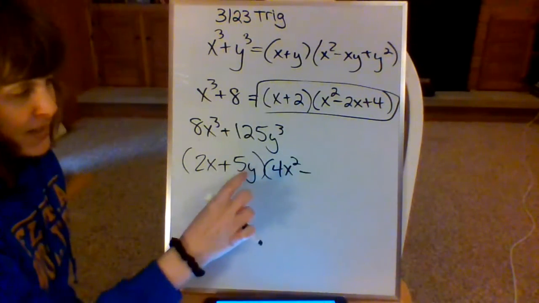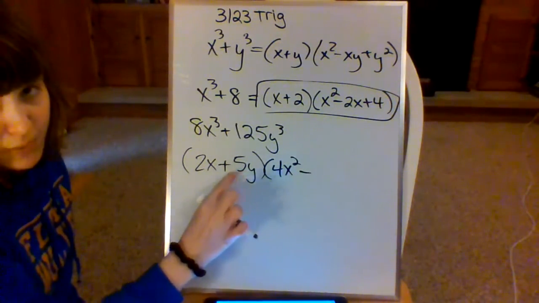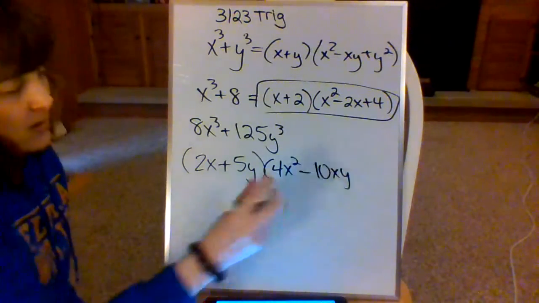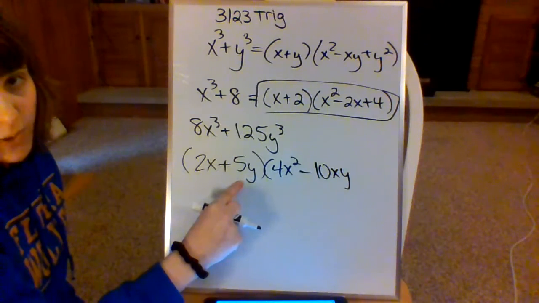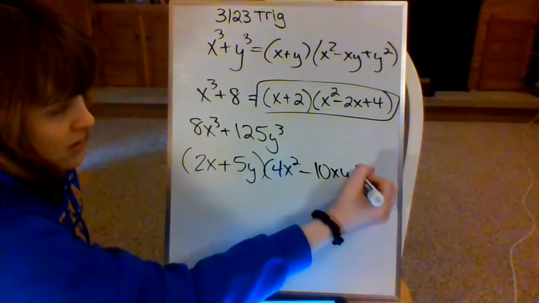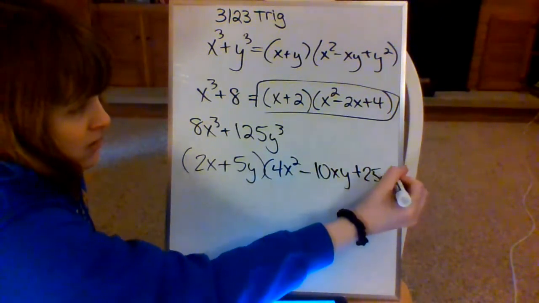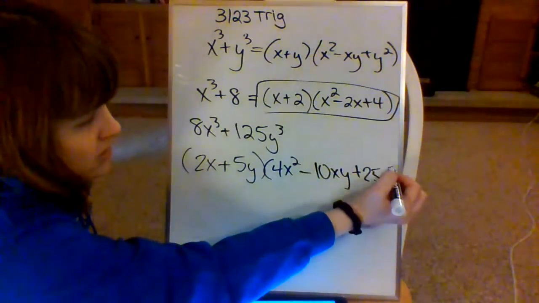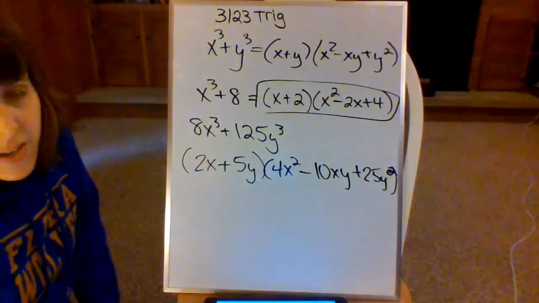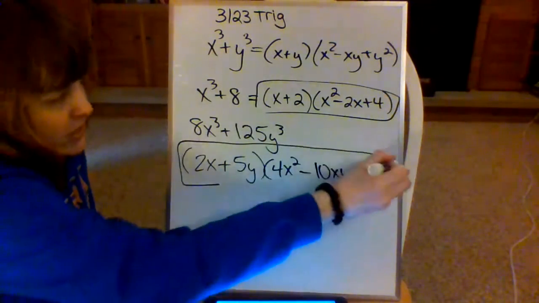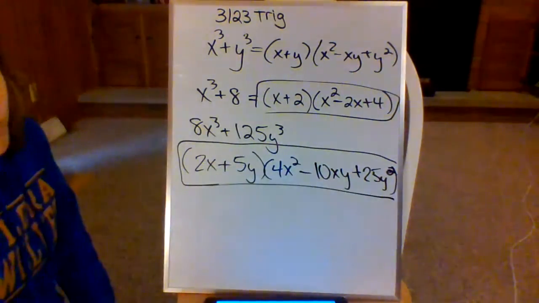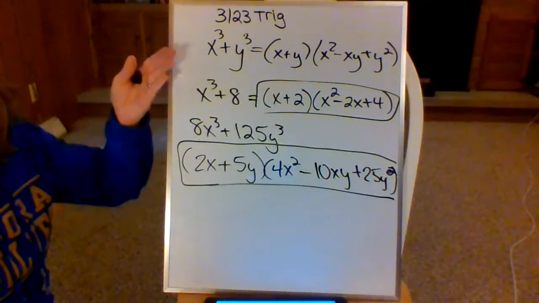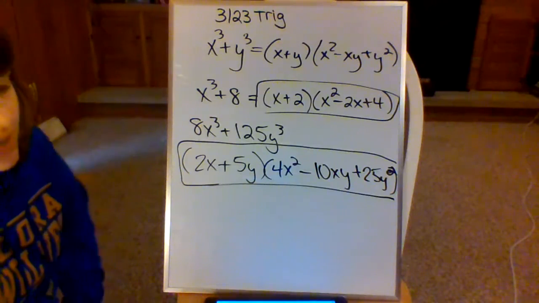Then we're going to have minus 2x times 5y would be 10xy. And then if you square this, we're going to have 25y squared. Okay, so like that. Alright, so that is the factored form of 8x to the third plus 125y to the third. So that is the sum of two cubes.